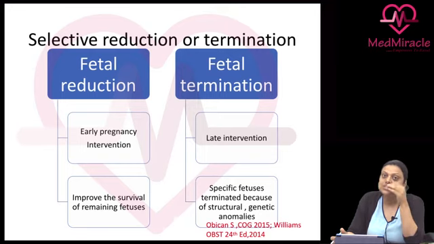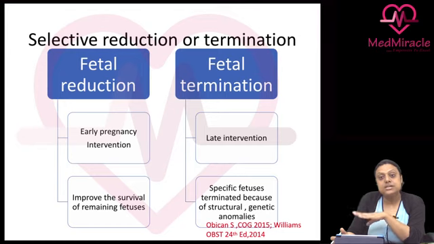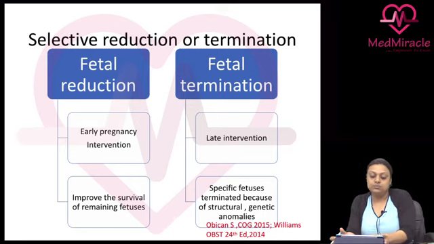So in certain conditions, if it's more than 2 pregnancies, or even if 2 pregnancies and the mother wants a singleton pregnancy, till 14 weeks of gestation we can go for a selective fetal reduction and can reduce the twins to singleton or a higher order pregnancy into a twin gestation. This is known as selective fetal reduction. Selective fetal termination means that if one of the twins has certain congenital malformation or some aneuploidy associated, then that fetus has to be terminated, and that is known as selective fetal termination. So that is the difference between the two.